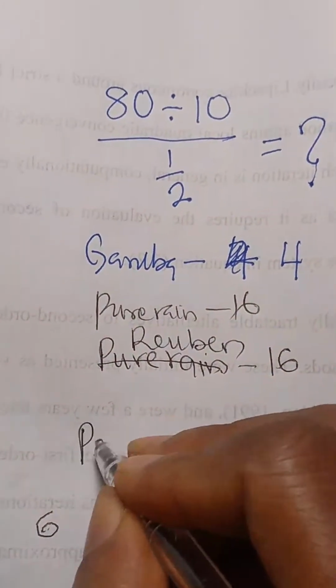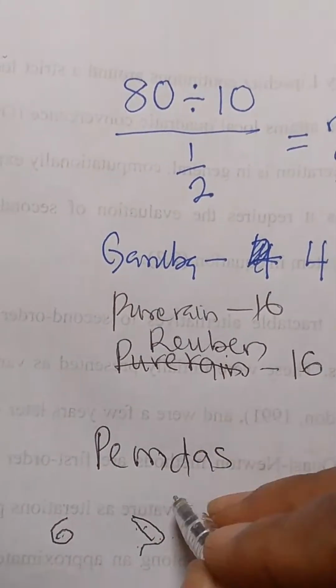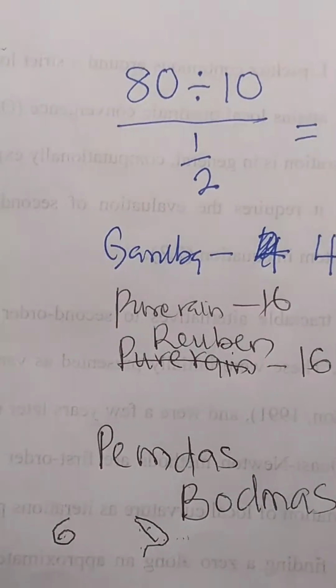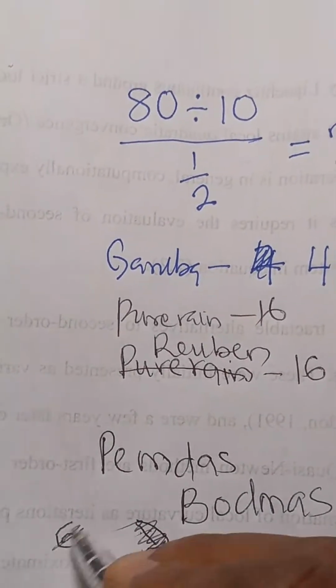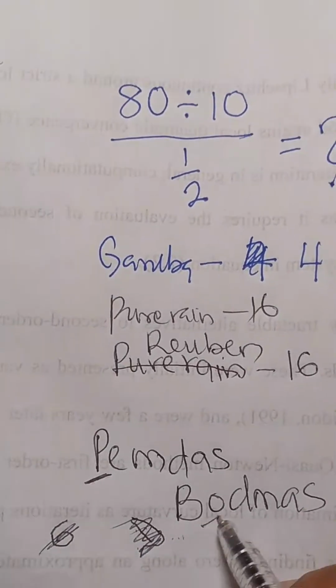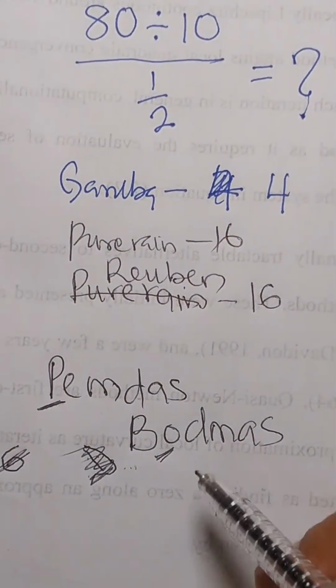We have PEMDAS. We have BODMAS. So P here stands for parentheses. Parentheses is the same thing as brackets. They are the same.